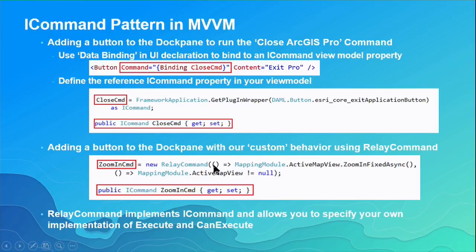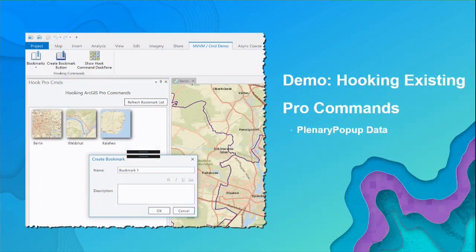However, in this case, I implement my own functionality, like we did, for example, with the previous refresh bookmarks button that we already saw. So RelayCommand implements an ICommand and allows me to specify my own implementation of Execute and CanExecute. So here's the final demo.